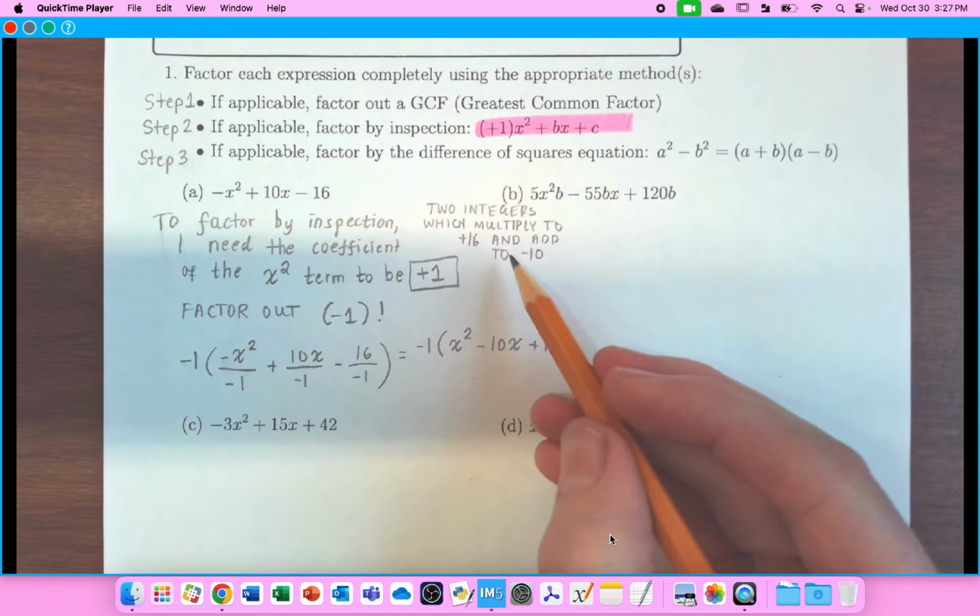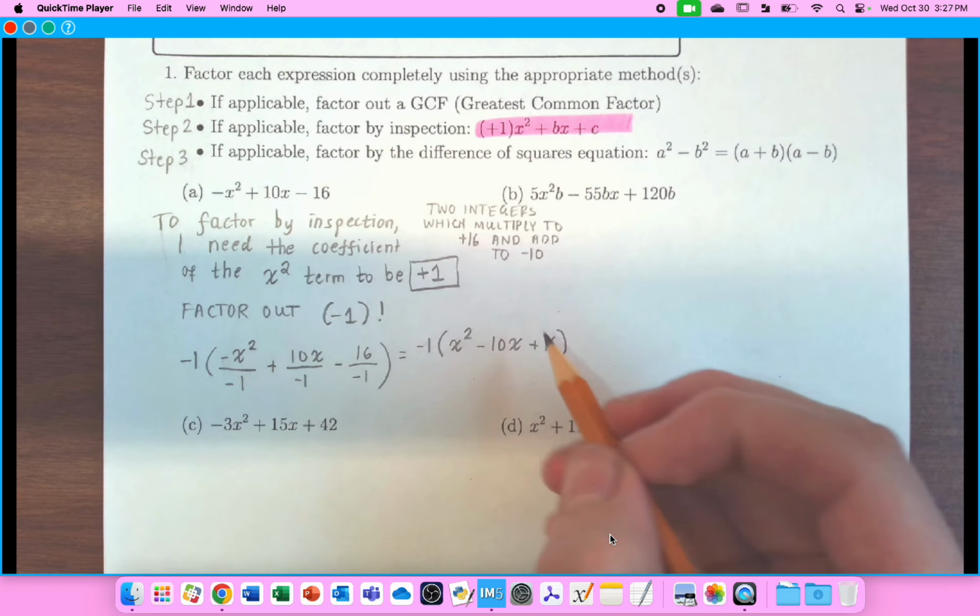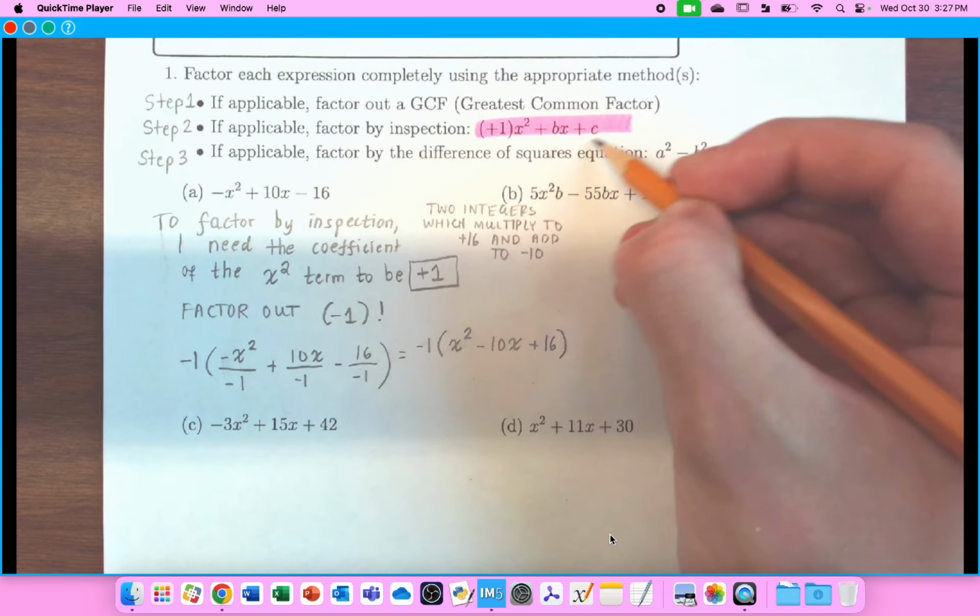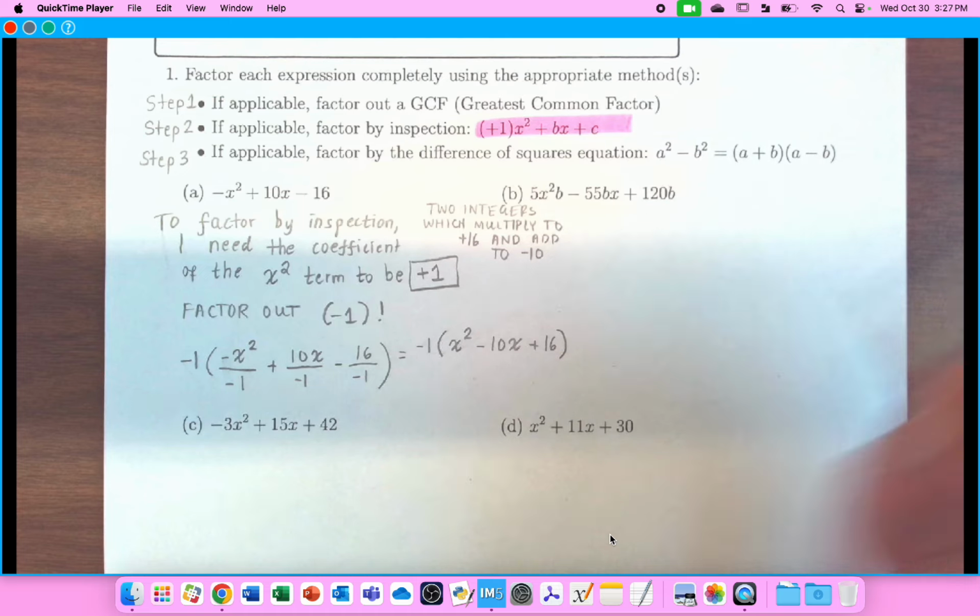Because that's always the thing. I'm always looking for 2 integers which multiply to my C and add to my B.